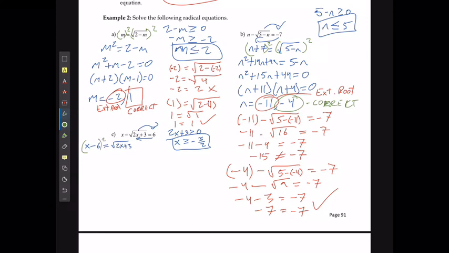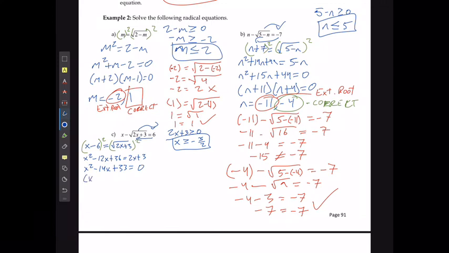I'm going to square both sides. And I'm going to say that x squared minus 12x plus 36 is equal to 2x plus 3. That x squared minus 14x plus 33 is equal to 0.